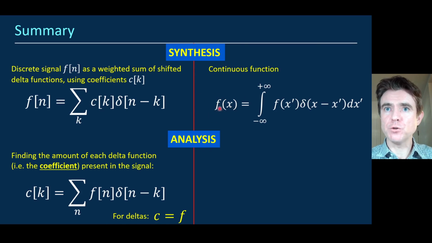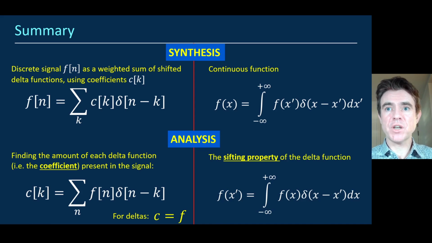So we take that function, whatever it might be of interest, and we can express it as a delta function, delta x, shifted to a position x prime, and then we look at that function evaluated at position x equal to x prime and use that as a coefficient or an amplitude for that shifted delta. You've got a sum over all the different positions in the function, and you've got to slide that delta to every single position in the function. You sum it all up, and then you reconstruct or synthesize the original function of interest.